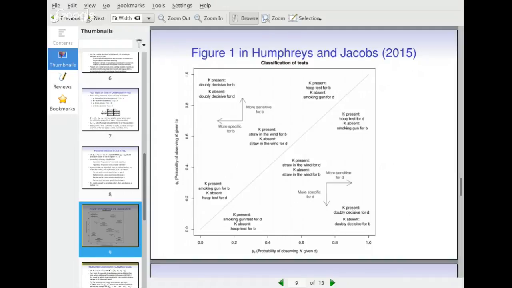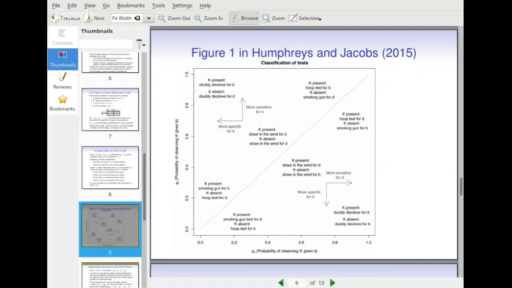Now, you're never going to be completely sure. There are no perfect clues, but the more probative value you can get from the clue by getting away from the diagonal and into the top left or the top right corners, the better off you are in terms of leveraging information about units and being able to estimate the lambdas as part of your posterior distribution, and then calculate the difference between lambda B and lambda D, or lambda B and lambda A, to get the average causal effect of this treatment.